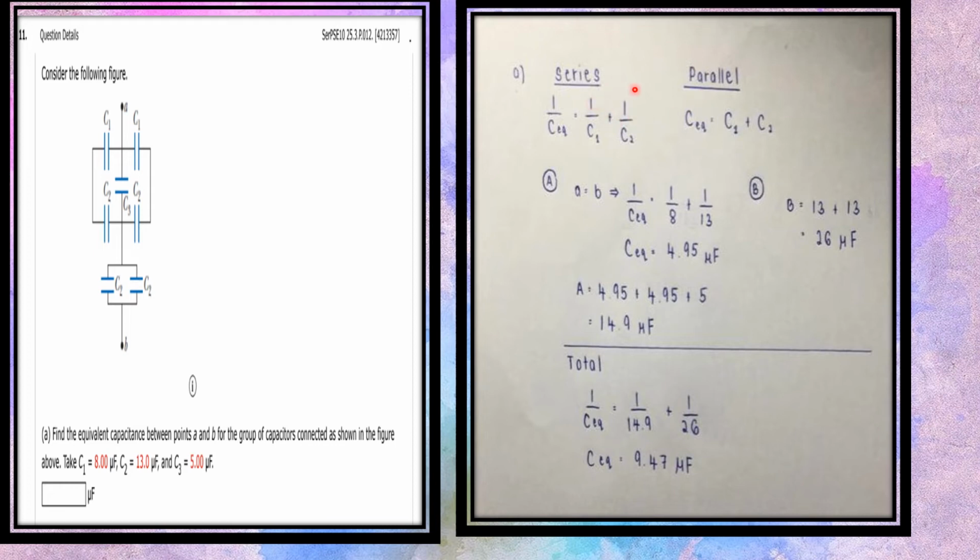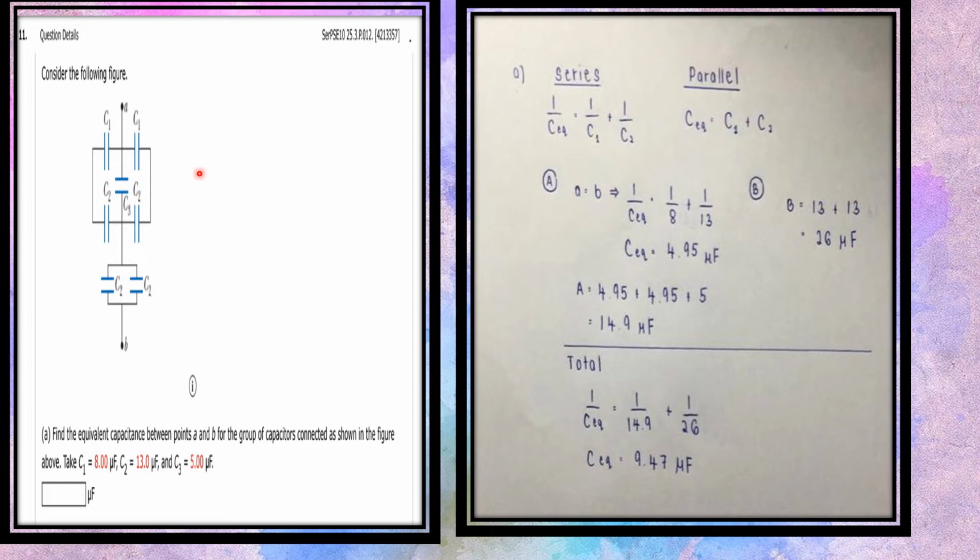For series capacitance, to find the C equivalent, we use this equation: 1 over C equivalent equal to 1 over C1 plus 1 over C2. While for parallel, to find the C equivalent, we just add C1 plus C2.